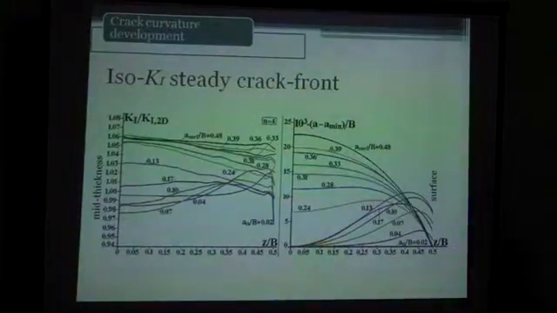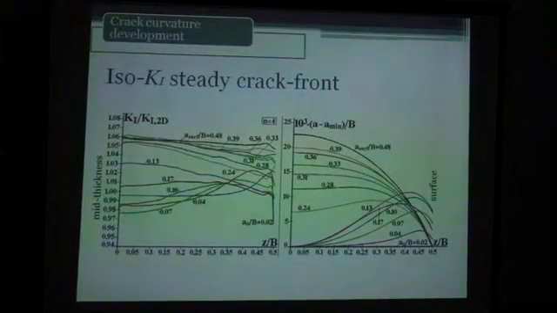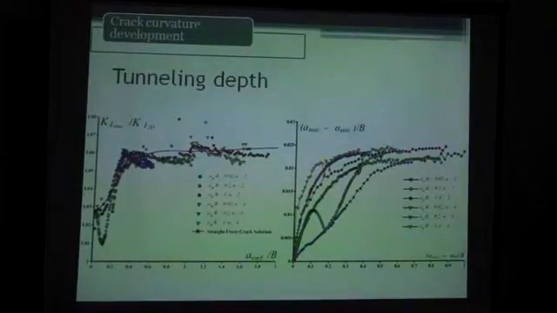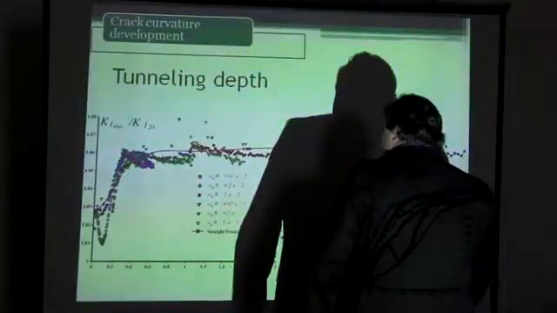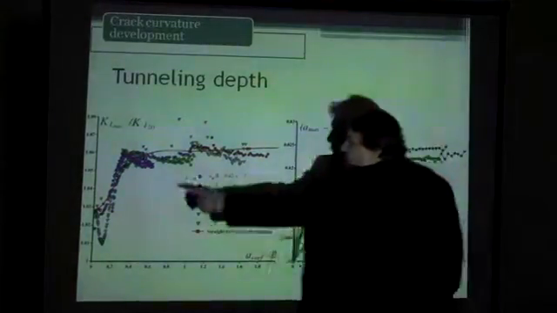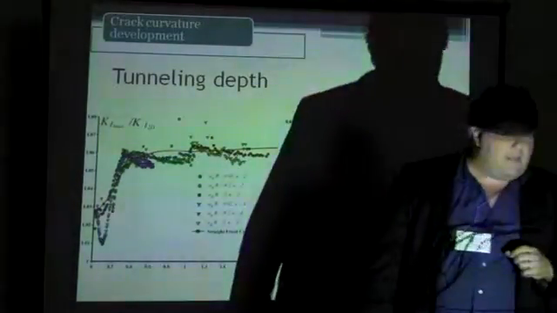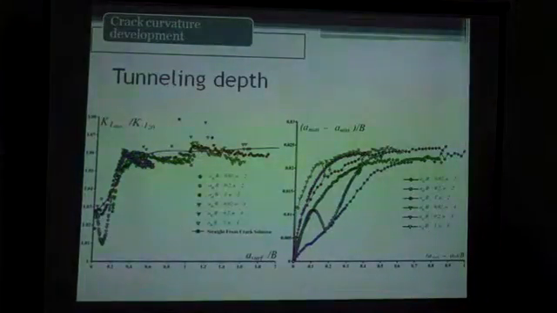And so these are some other calculations, other simulations as well. So these are the shapes that you get. And this is also the evolution. So you see that the K1 that you get here actually increases to about 6% above the 2D value that you get from the 2D calculation.